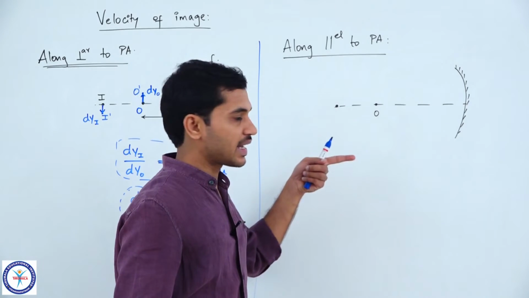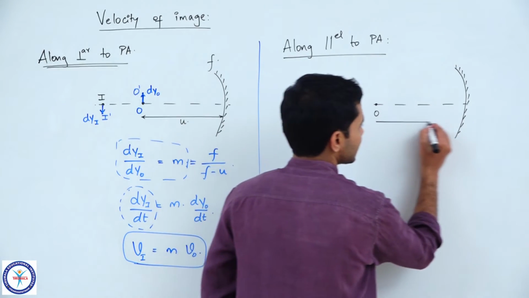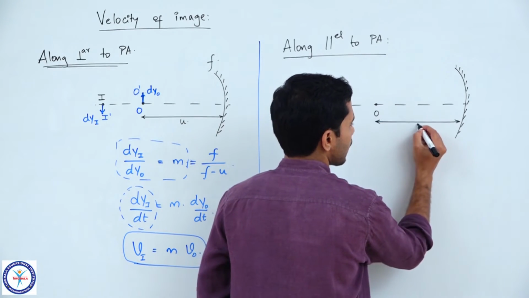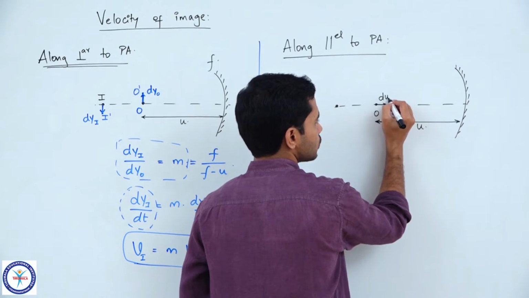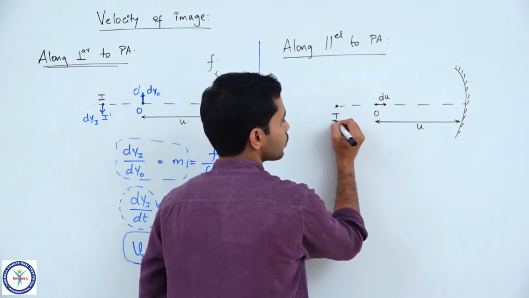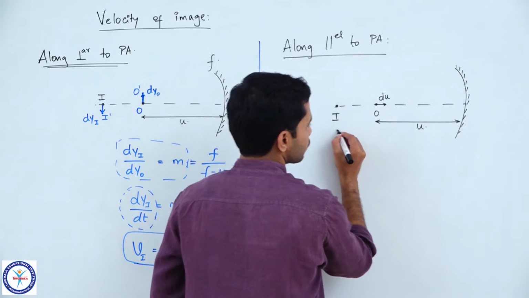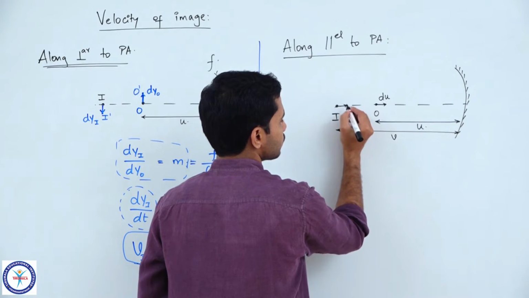Now let us say the object has some velocity along the principal axis. So if it is at a distance of u, and it moves by a small distance of du, and the image is over here at a distance of v, and it moves by a small distance of dv.